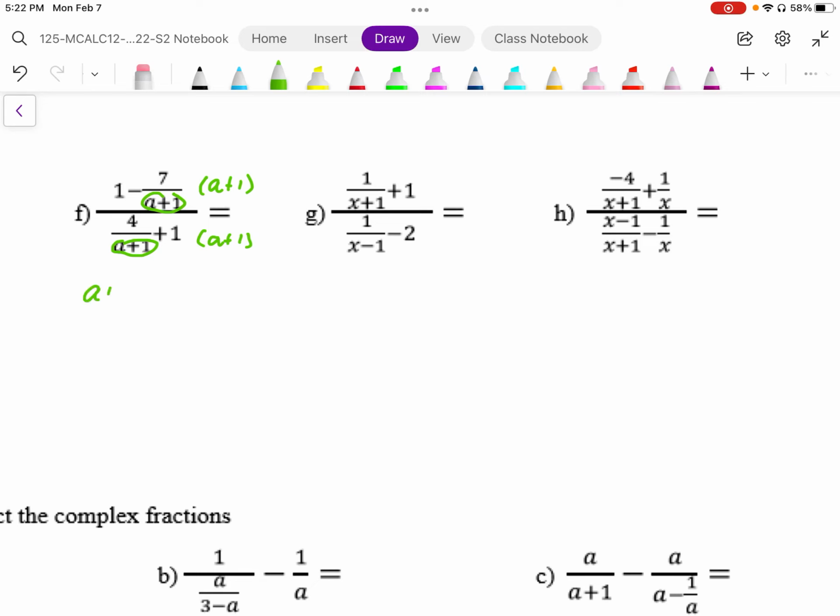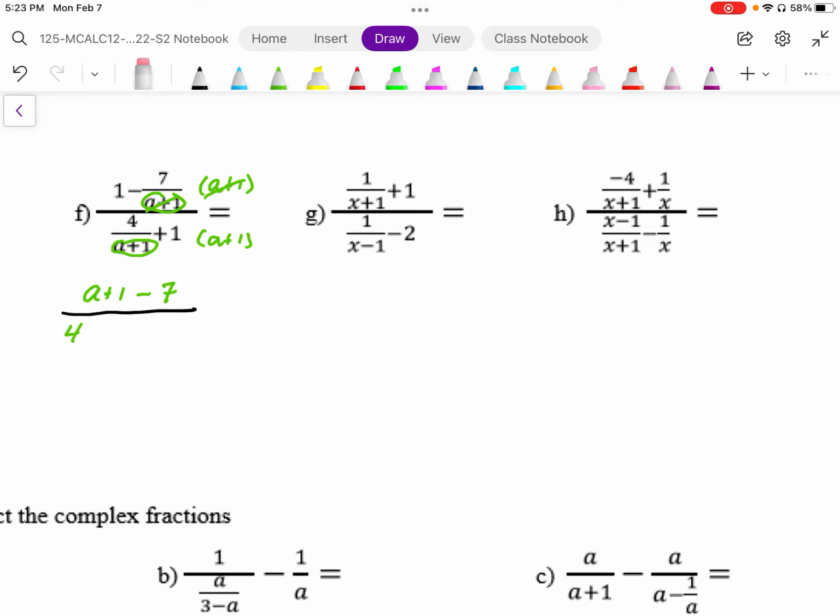So I end up with a plus 1 times 1 minus, and the a plus 1's cancel out, so I end up with minus 7 on the top. On the bottom then, the a plus 1's cancel, so I'm left with 4 times a plus 1. Oh, sorry, that's not true.